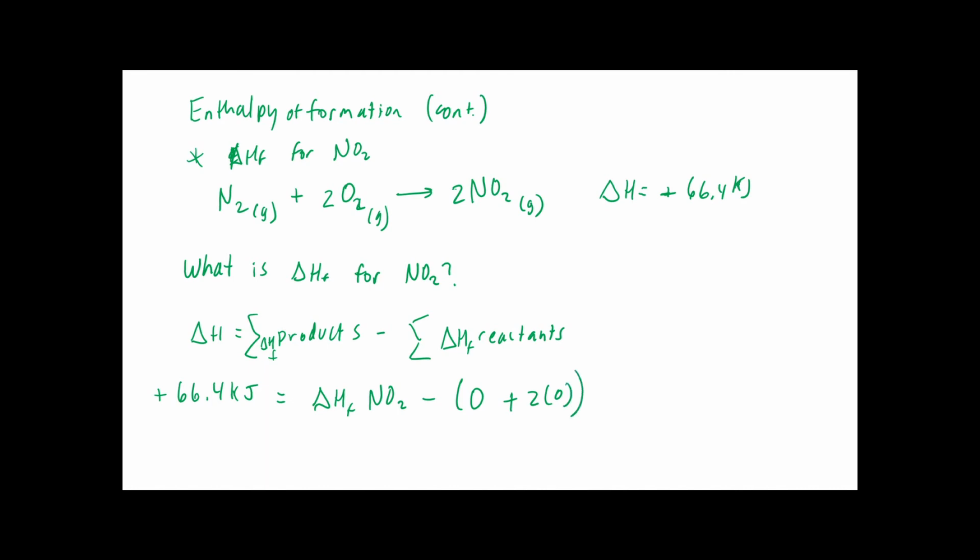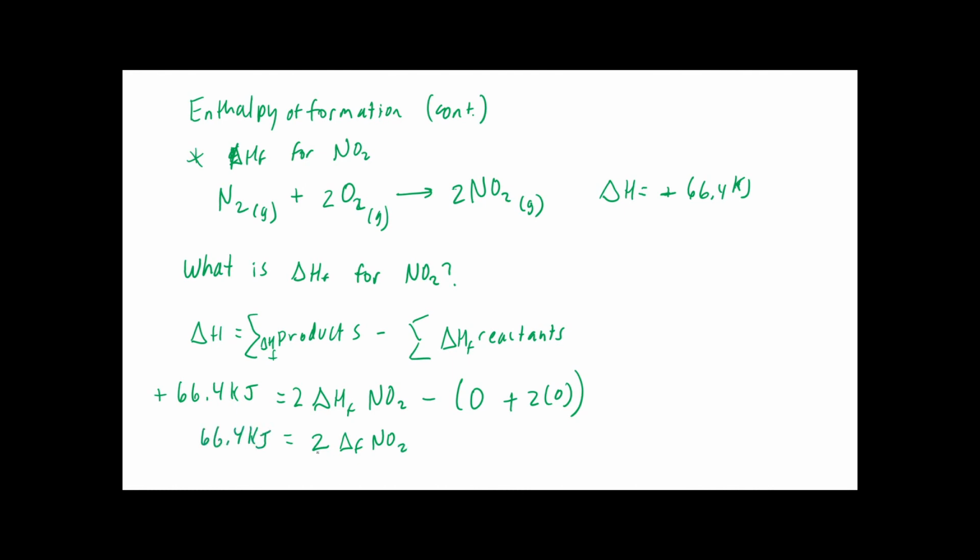All right, and so if we do that, we basically get 2 times delta HF of NO2 equals 66.4 kilojoules.